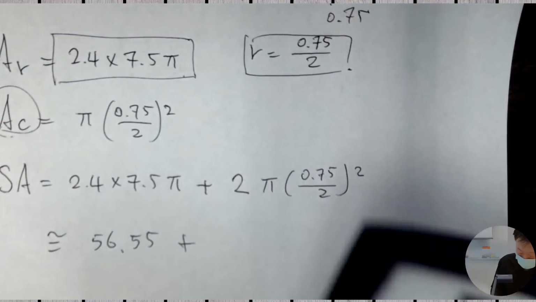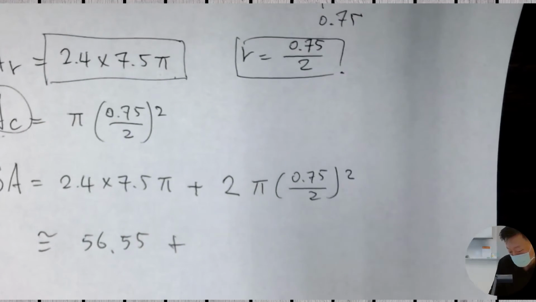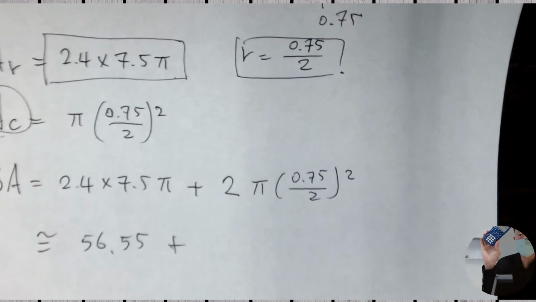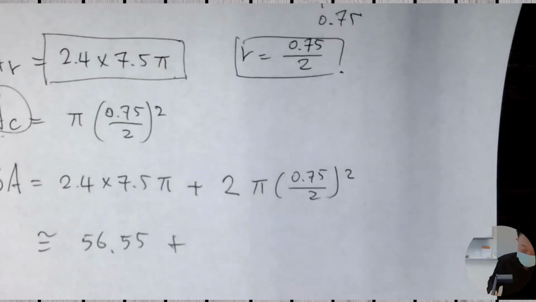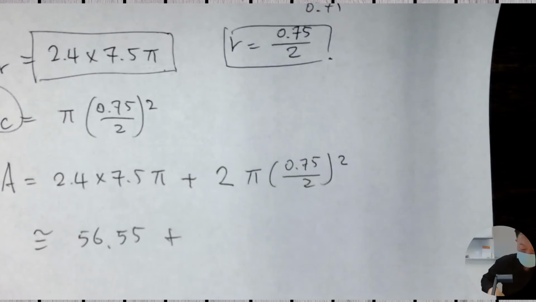And if you don't want to lose precision, you can actually store this number as a variable if you wanted to, but let's not. Let's just leave it like that, all right? The other part, I'm going to calculate the 0.75 divided by 2 first, and I will go square that. I think I have a square key here.